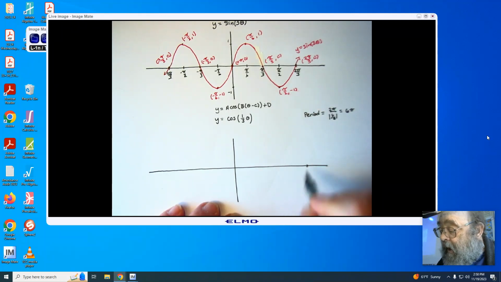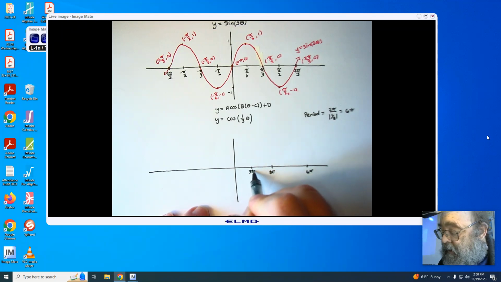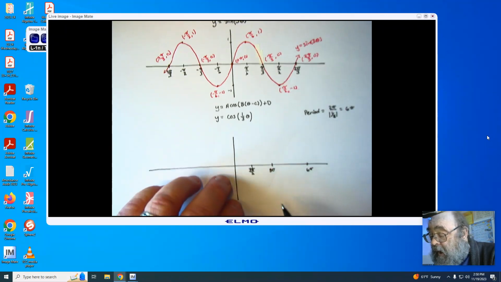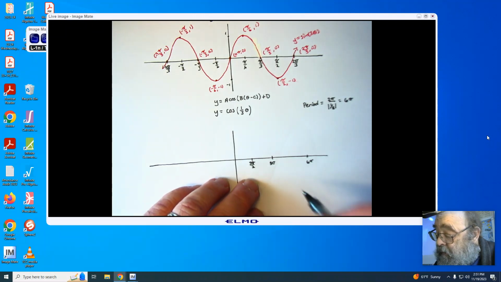So I immediately break off 6 pi, divide it in half to get 3 pi, divide that in half to get 3 pi over 2, and if I have 3 pi over 2, this is going to give me 6 pi over 2 for 9 pi over 2.